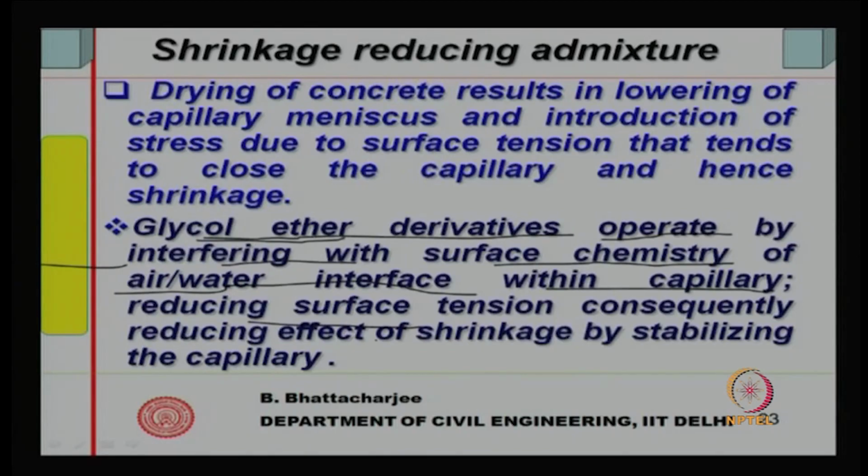This simply changes the surface tension of the air water interface within the capillary, and therefore surface tension is reduced and shrinkage action is reduced. So, that is what it does, right. It does not have a tail which can entrap air, so no bubble formation could occur, but only surface tension reduction will occur.